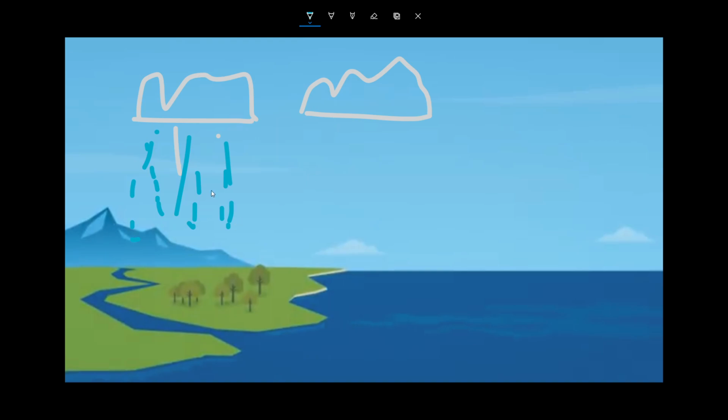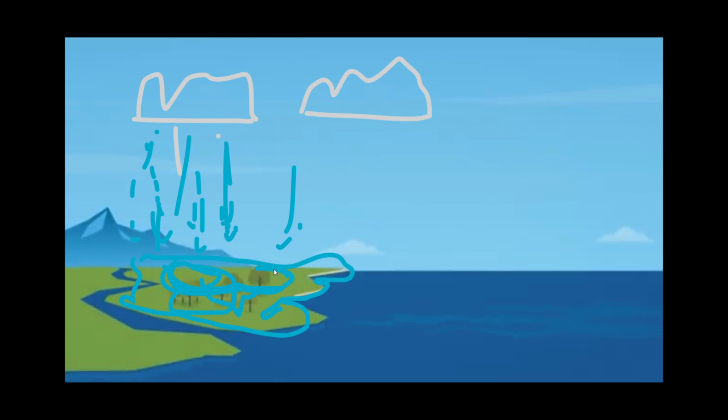Basically all this water accumulates over here because there is a very poor drainage system. Just imagine this piece of land is huge, just the size of a city, and it has a poor drainage system. All this water pouring down from the sky in the form of rain will be collected over here, right? And it will take time to go from this area to the lower area, and that is what makes this entire area flooded.